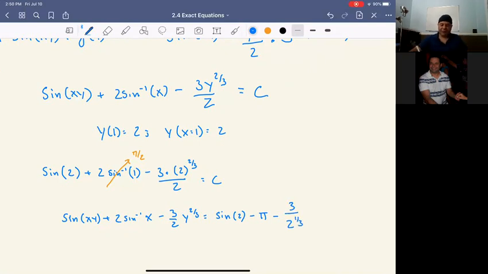So this was our c over here on the right-hand side.